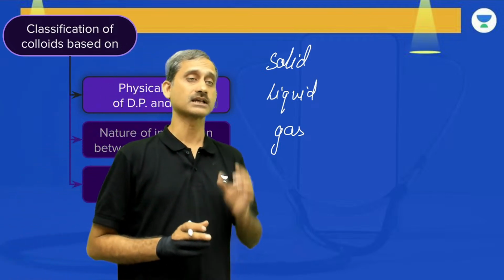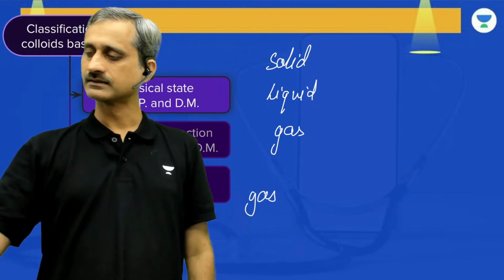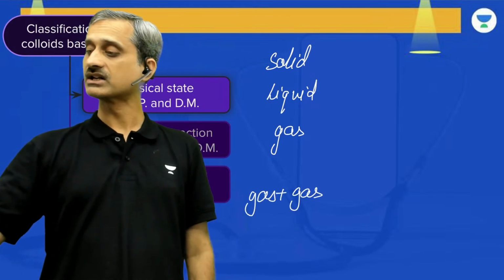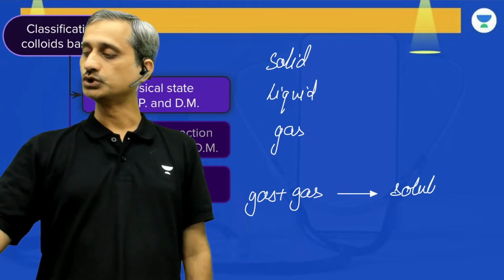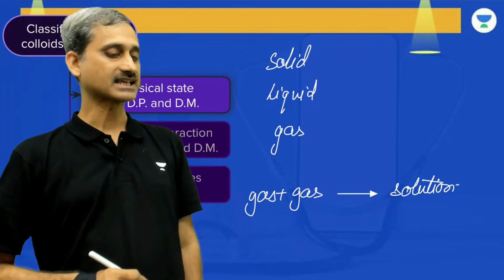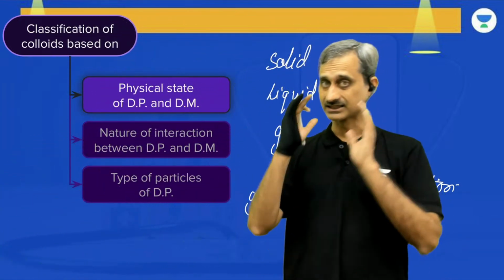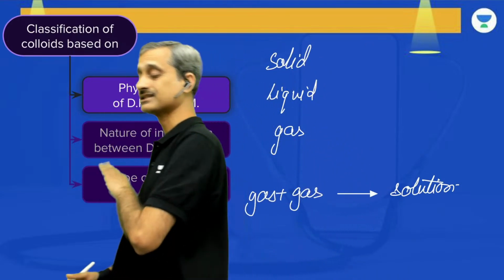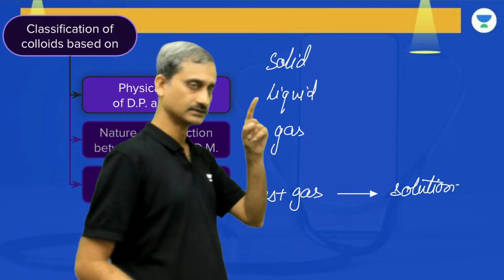But there is a problem, and that problem is that gas plus gas is never a colloid. Gas plus gas is always a solution. So gas plus gas does not give us a colloid, it gives us a solution. So that is not a possible combination to form a colloid. Is that clear?